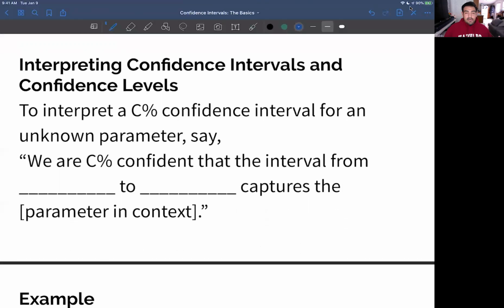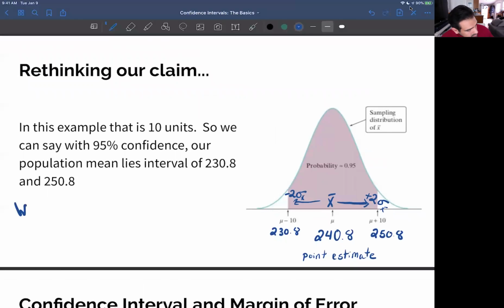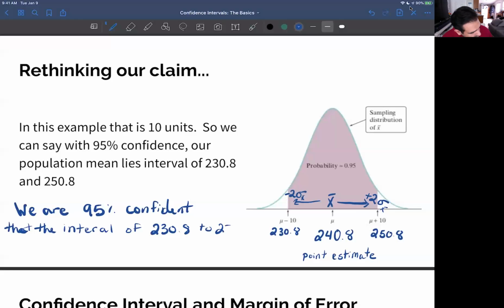So if we were to go back to our example, talking about a 95% confidence level, we could say we are 95% confident that the interval of 230.8 to 250.8 captures the true population mean. This is how we would interpret that.